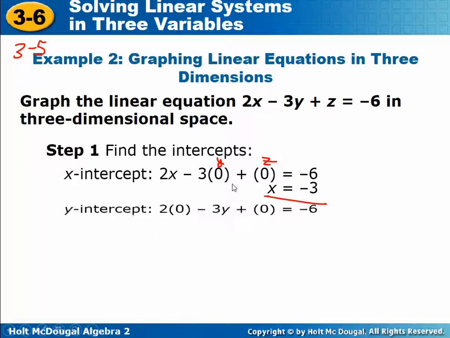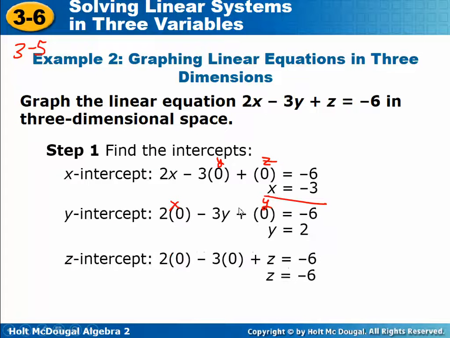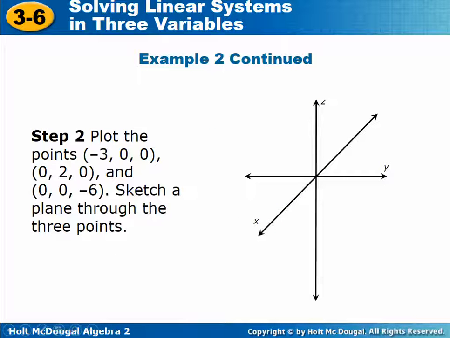And then we can find the y-intercept by letting x and z be 0, and solving the little equation that results. And then we can find the z-intercept by letting x and y be 0. The result is 3 intercepts, and here they are. This was the x-intercept, this was the y-intercept, and this was the z-intercept.